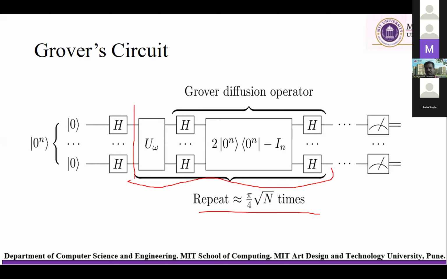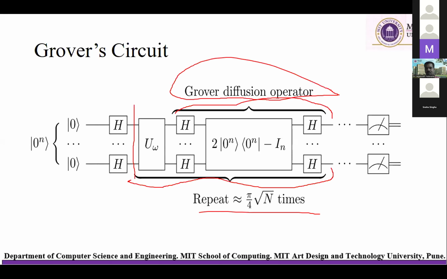Based on the value of n, we can identify how many times this block will be executed. This section after the U_f function is called the diffusion operator.